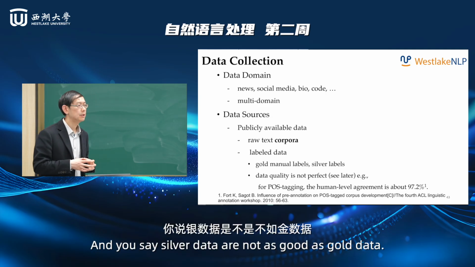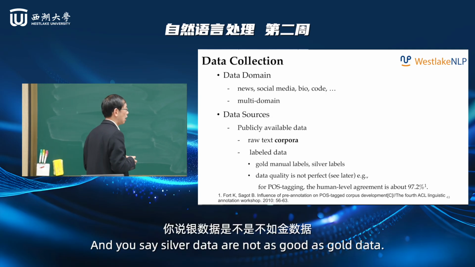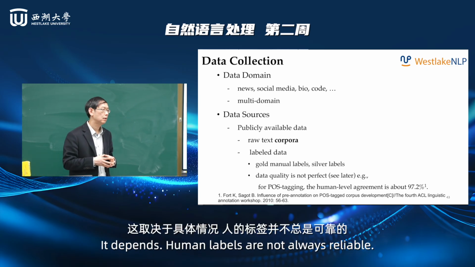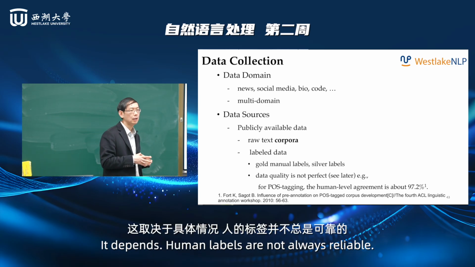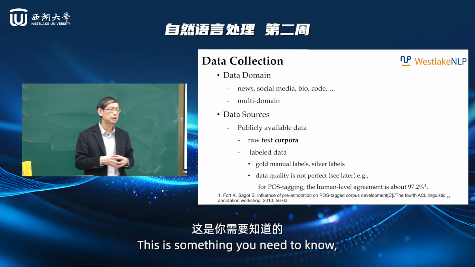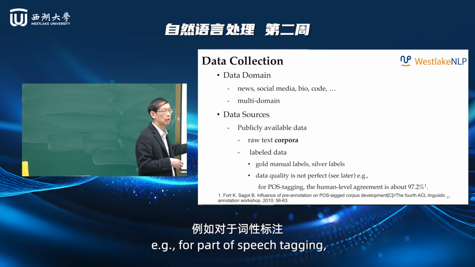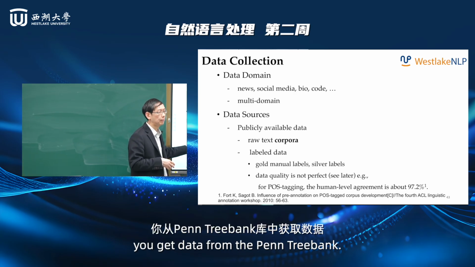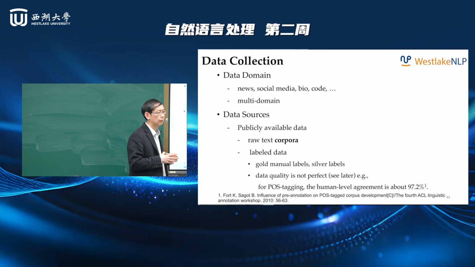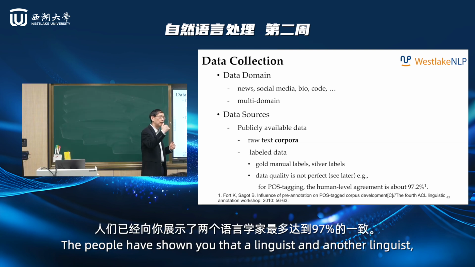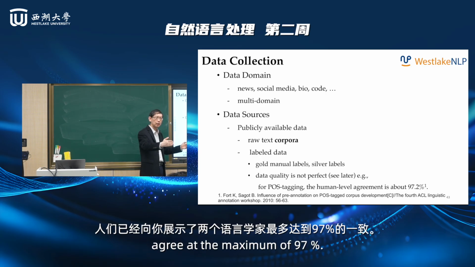And you say, silver data are not as good as gold data. It depends. Human labels are not always reliable. This is something you need to know. For example, for part of speech tagging, you get data from the Penn Treebank. And people have shown that one linguist and another linguist agree at a maximum of 97%.